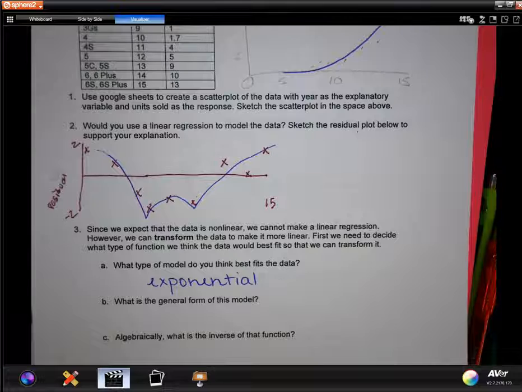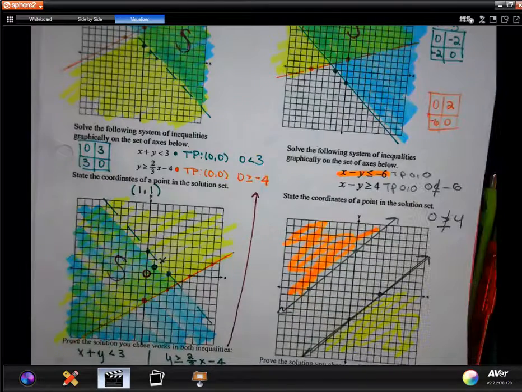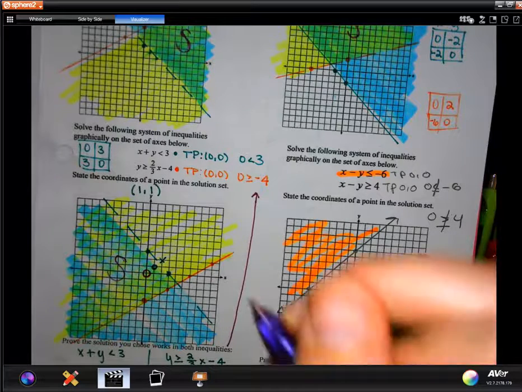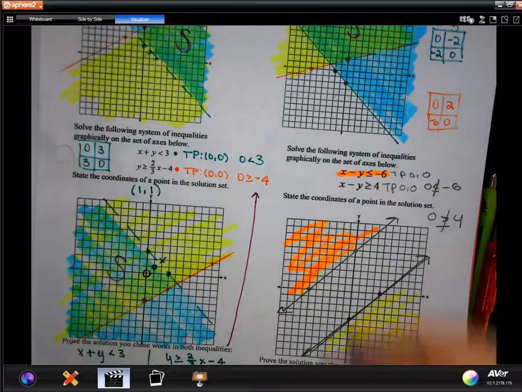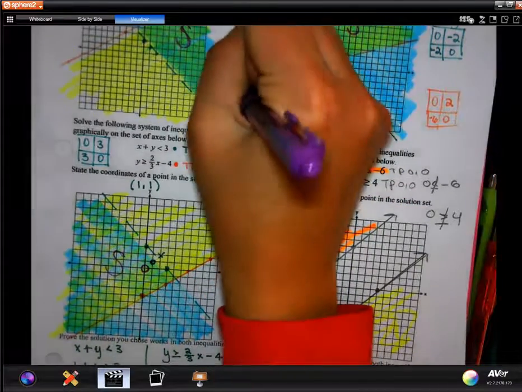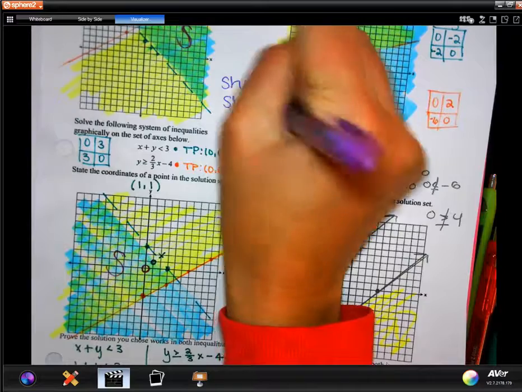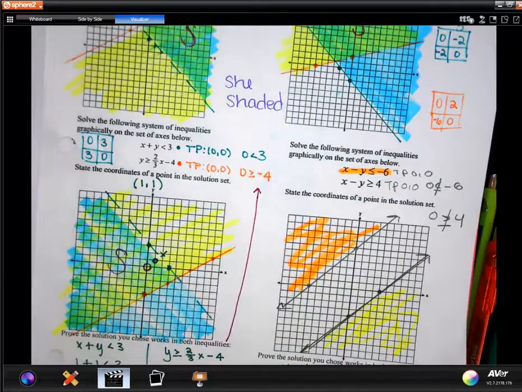We're doing systems of linear inequalities in algebra, right? And the girl came up, and I wanted to say, she shaded, and I literally could not get it out for like 2 minutes.